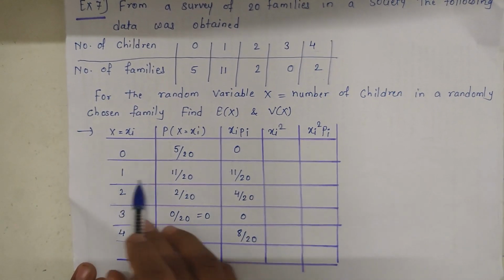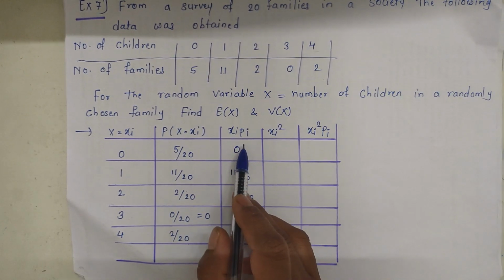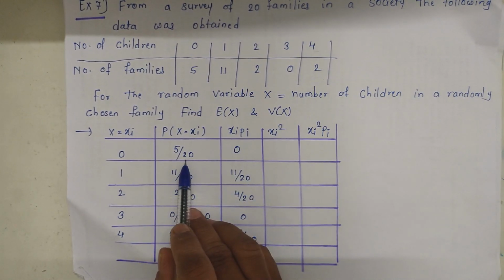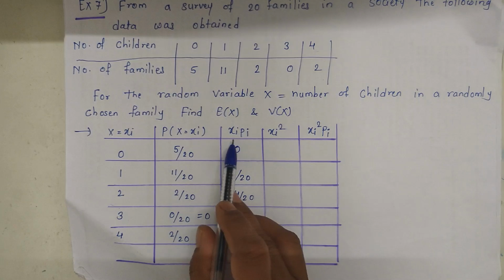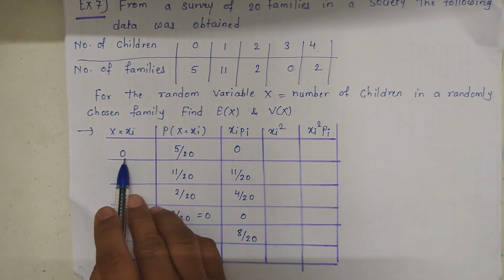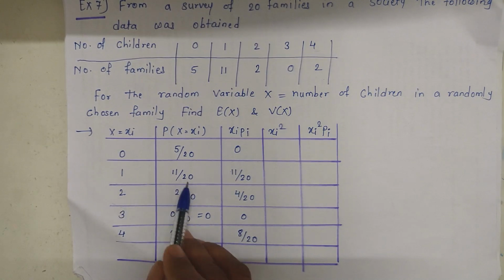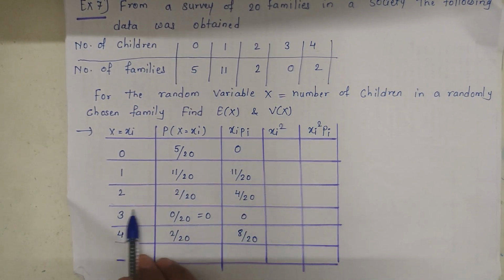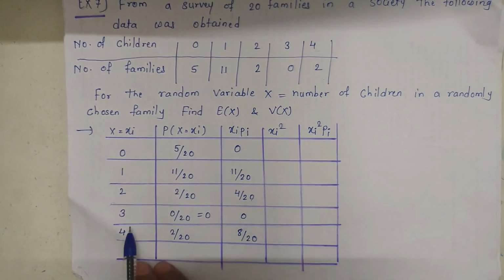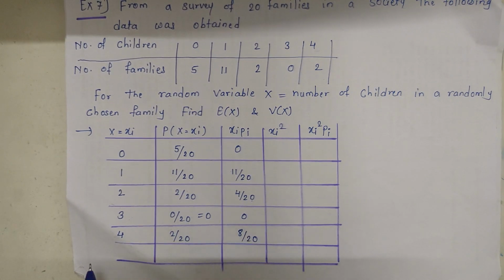Now from these two columns, we get the third column, the product xi into pi. 0 into 5 by 20 is 0. 1 into 11 by 20, 11 by 20. 2 into 2 by 20, 4 by 20. 3 into 0 is 0. 4 into 2 by 20, 8 by 20.